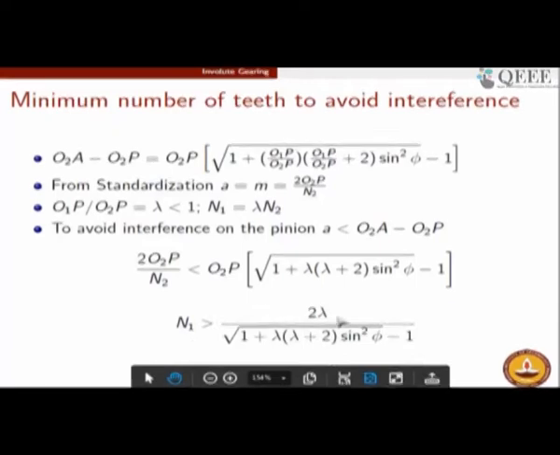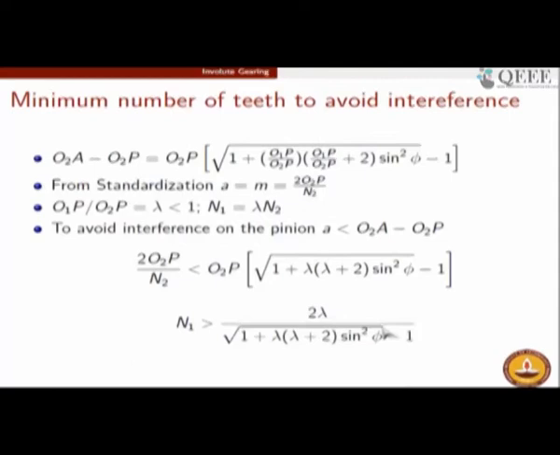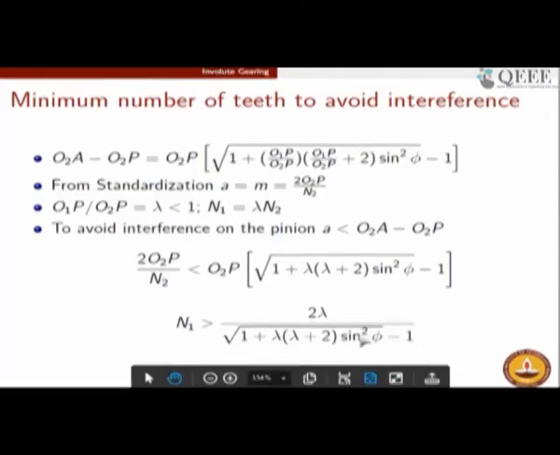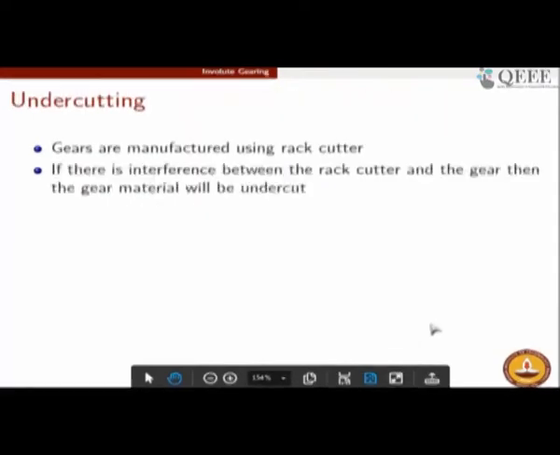We derived this formula which enables us to guarantee that if the number of teeth in the pinion is greater than what is shown in this formula, then the interference will not occur. So interference can be avoided in spur gears, the easy condition being given in this form.